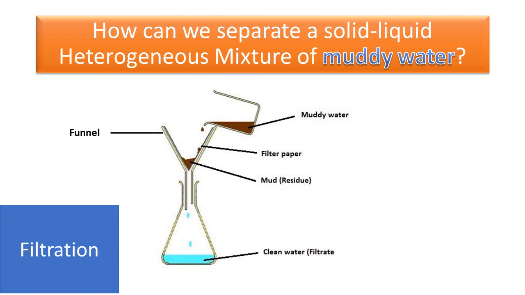The parts, first we have a beaker that has muddy water, and then we have a funnel. Funnel in Arabic we call it ema. We place inside the funnel the filter paper.